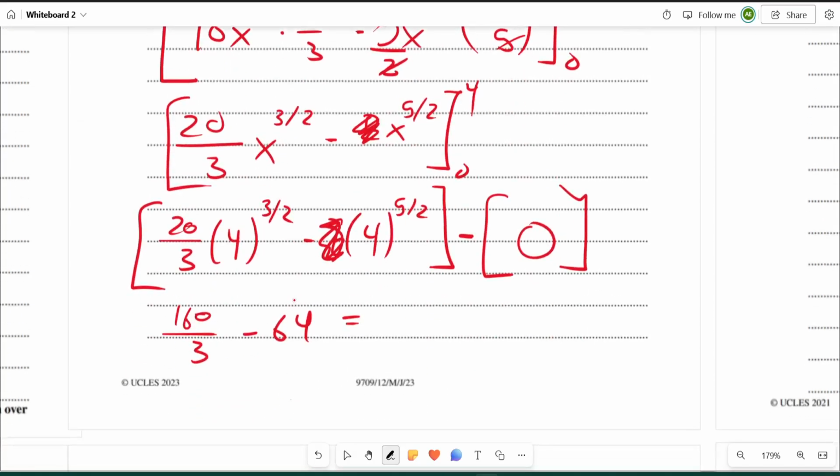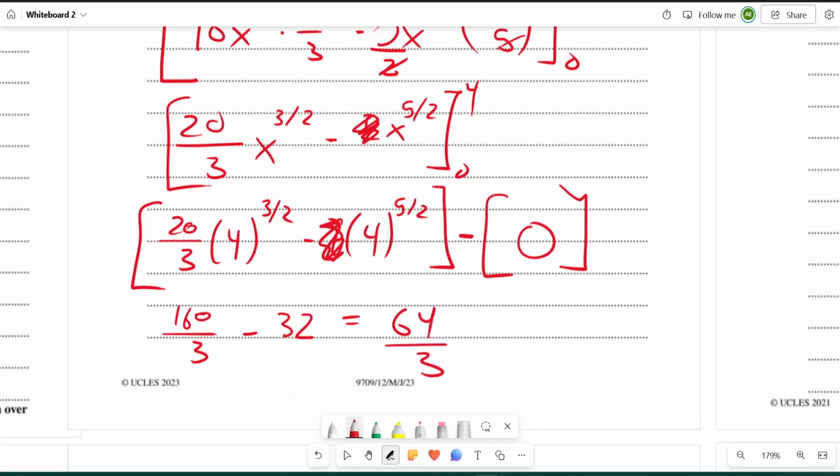So this is just going to be minus 4 power 5 over 2, which is minus 32 instead of 64, 32. And this is going to give me an answer of 64 over 3. That is my final answer.